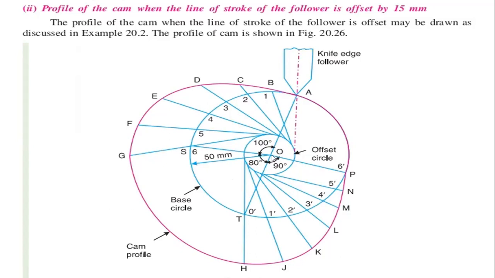Then from the center of the cam circle, take 15 mm to the right side, that is the offset, and draw a vertical line. Then you have to locate the starting point of the knife edge follower, and we have to start the profile of the cam from there, using the same procedure as we did in the earlier cam profile.